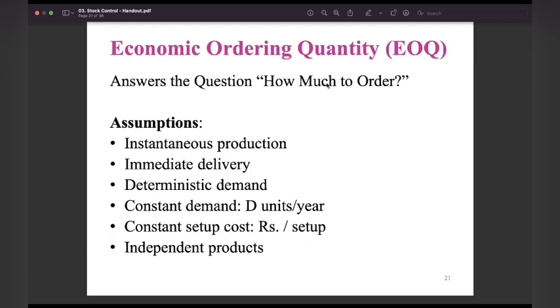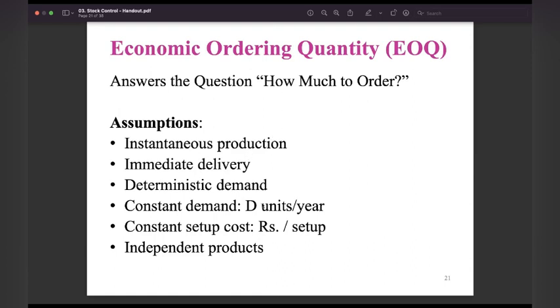So before moving forward, for you to calculate the quantity that you need to order using economic order quantity or EOQ, remember that they assume these things. Without these assumptions, we cannot use the equation. First one, instantaneous production. That means constant production, okay? Then immediate delivery.